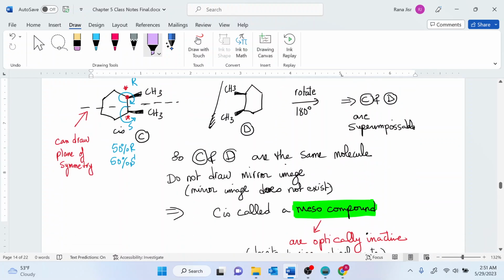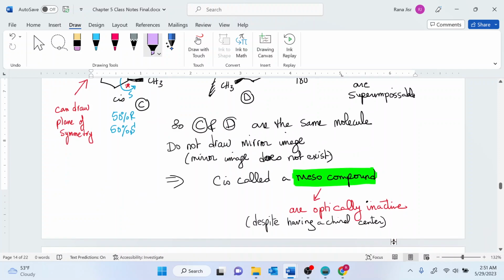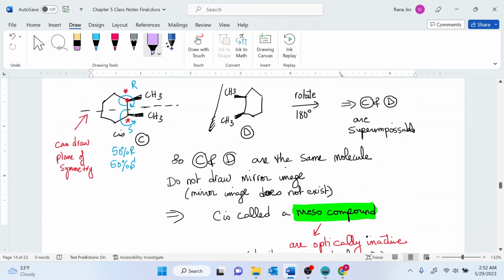Meso compounds, as we said, are compounds that have chiral centers but they don't have a mirror image. This is going to make them optically inactive, meaning that they are incapable of rotating the plane of polarized light. Even though they have chiral centers, you can draw a plane of symmetry, and the moment you can draw a plane of symmetry through the molecule, you will not have a mirror image in there.